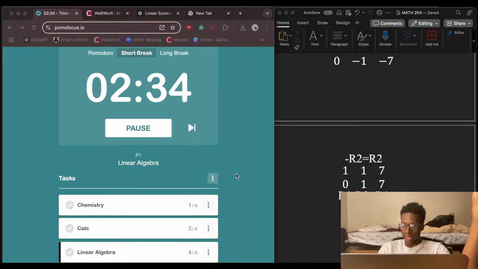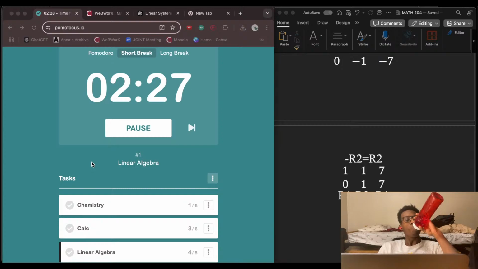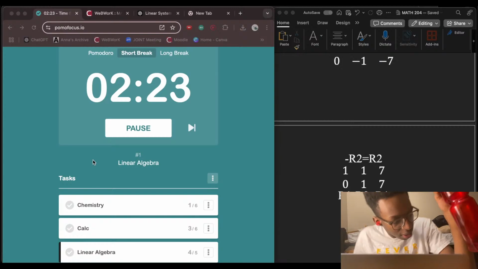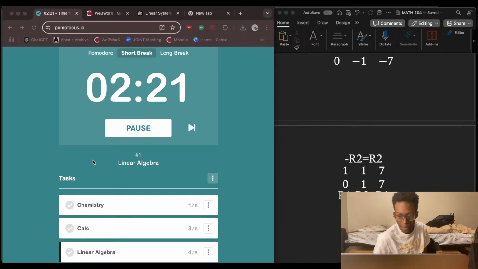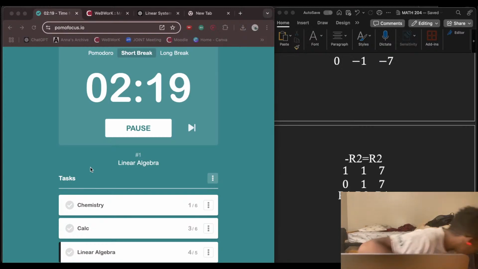We are going into our second Pomodoro session with confidence in stride. I have 2 minutes to go get water. Let me do that. I'll be back.